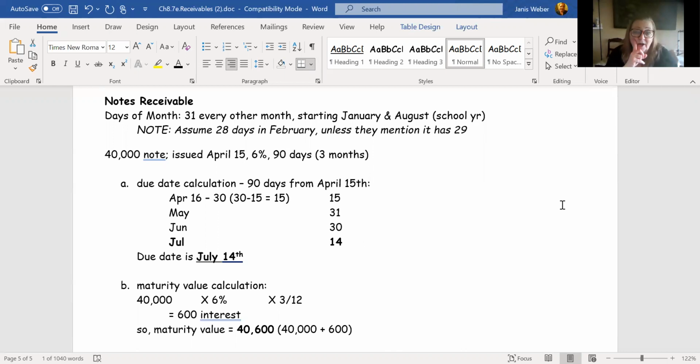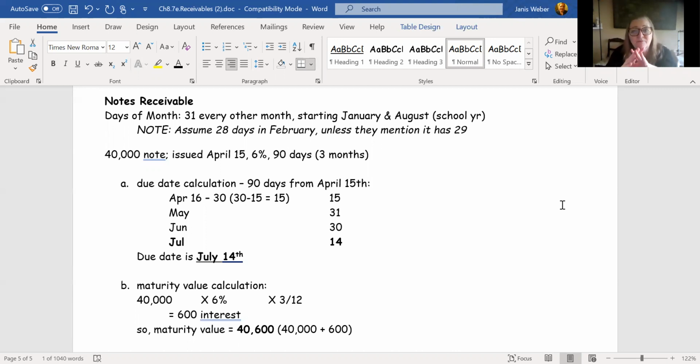And my way says there's 31 days in every other month. If you start on January with the 31, and then you reset on August. And the reason I'm having to do that is because July and August both have 31 days. So that's why I have to reset on when school starts in August.